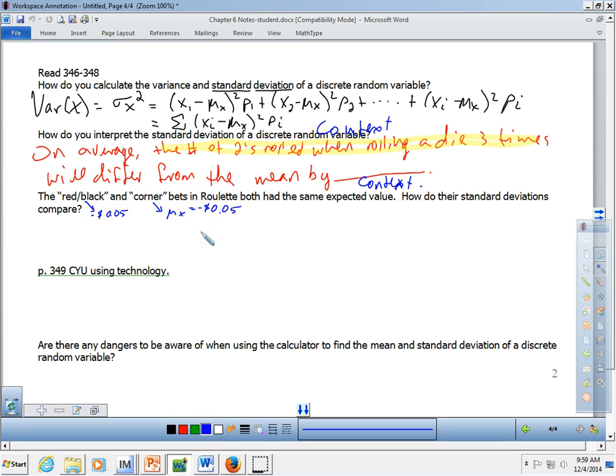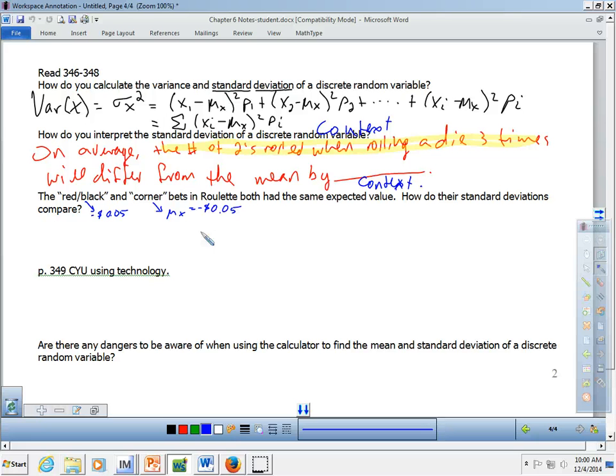So again, in the long run, if you place a $1 bet many, many times on either red or black, then you will expect to lose 5 cents for every bet that you make. Okay? That's a distinction we may not have made in the notes last night, that this 5 cents is for every bet that you make. For every $1 bet you make, in the long run, you're going to lose 5 cents.